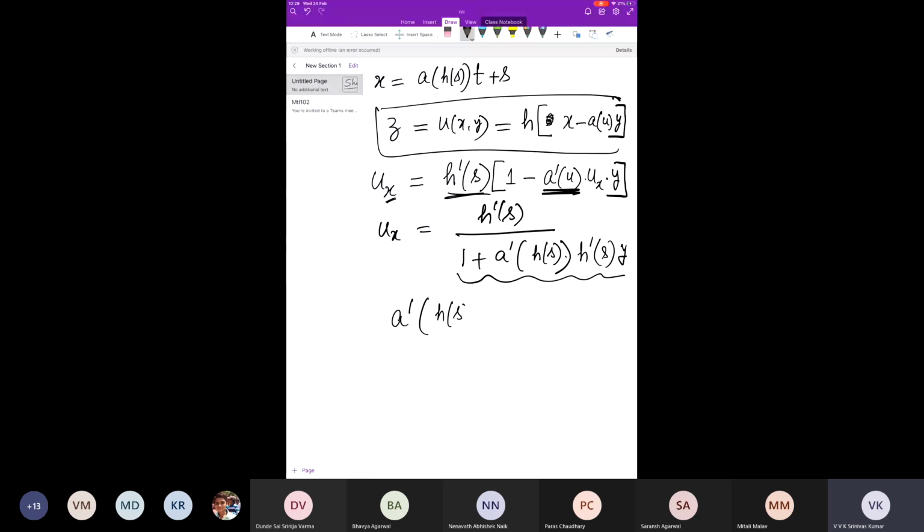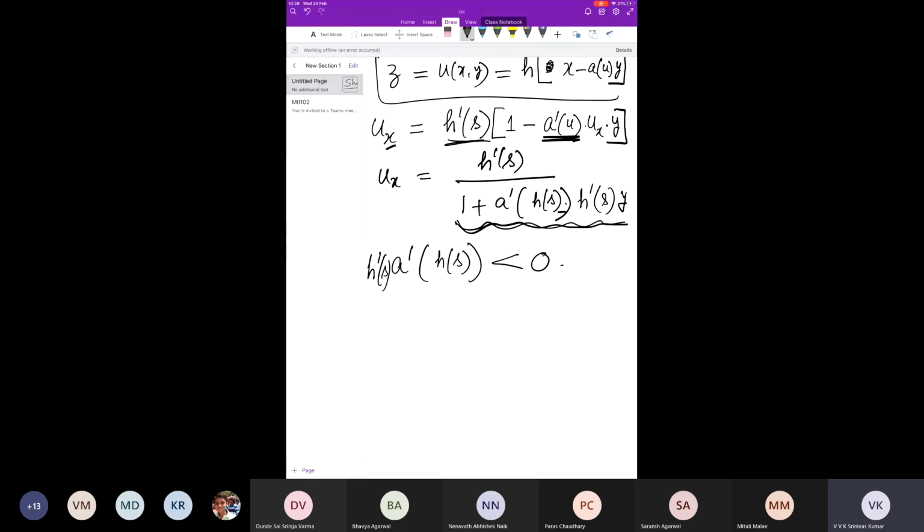The possibility of this becoming 0 is when a prime is negative, or h prime s is negative. If both are positive, no problem. Given that y is positive, we can eliminate this only when these become 0.